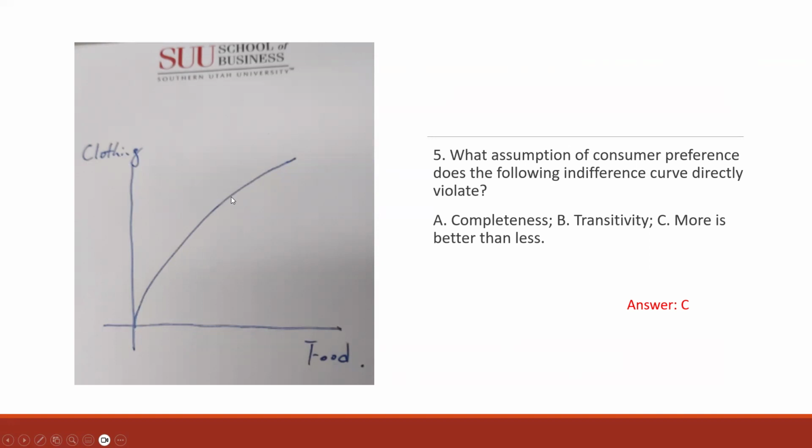Then according to more is better than less, the second bundle should be preferable to the first one. But here, if an indifference curve is drawn this way, it is to say these 2 bundles should be viewed as indifferent by the consumer. That is contradicting, right? So point C is violated.